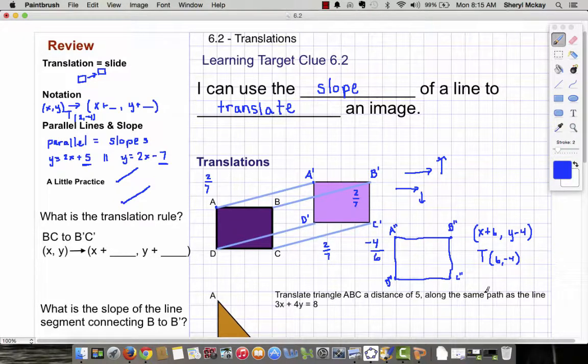So that's just kind of a cool little thing about translations, is that those line segments are parallel, and therefore it's actually the slope that you are traveling on that line segment, it ends up being your translation, although you might double it or whatever.